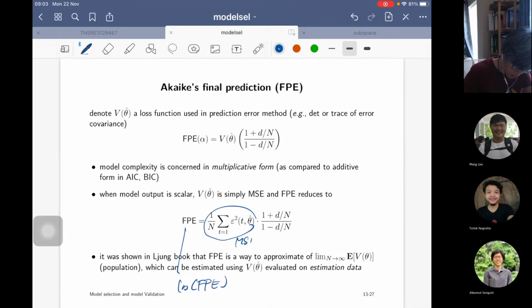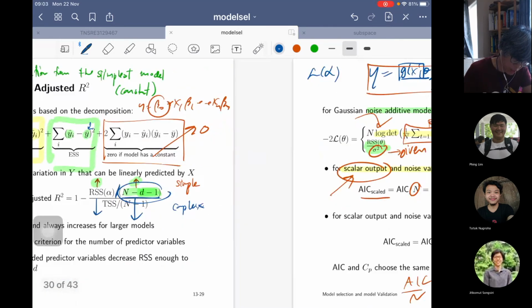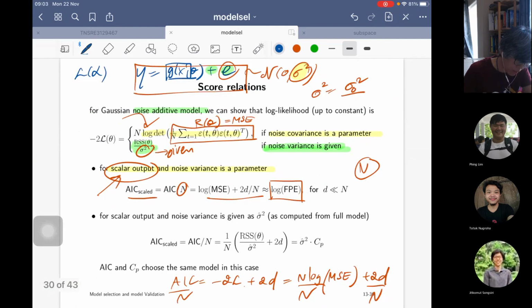This is MSE, so it's going to be log of MSE plus log of this term, and this term can be approximated when d over n is small. So that's the first relationship: scaled AIC is approximately log FPE when d is small, when the model is very sparse, like simple.